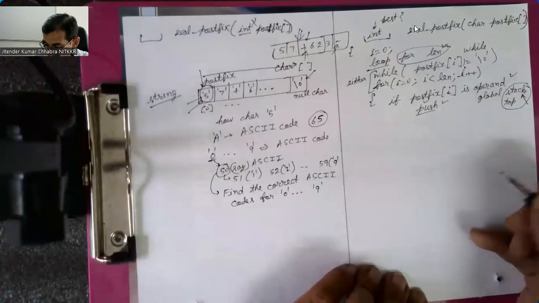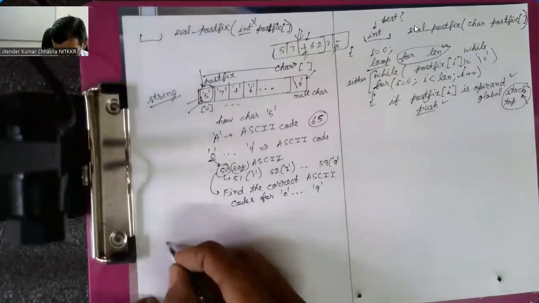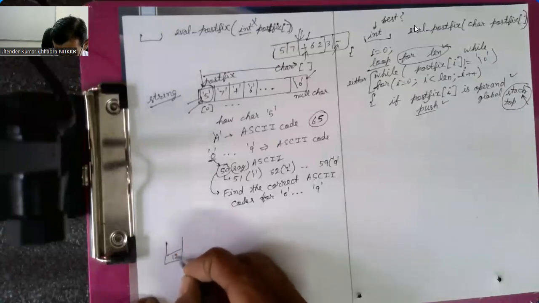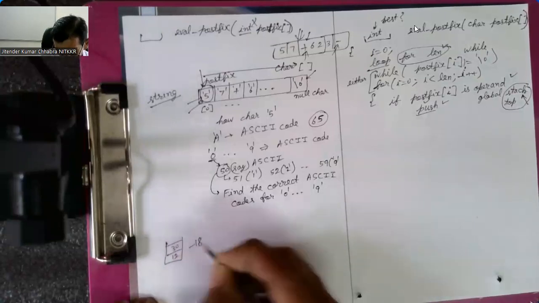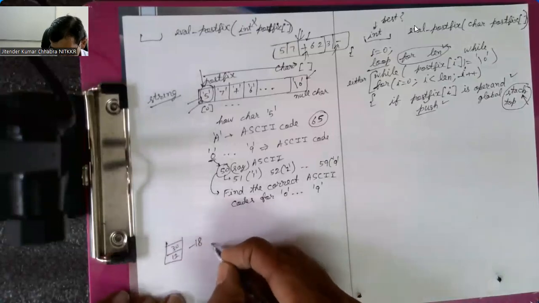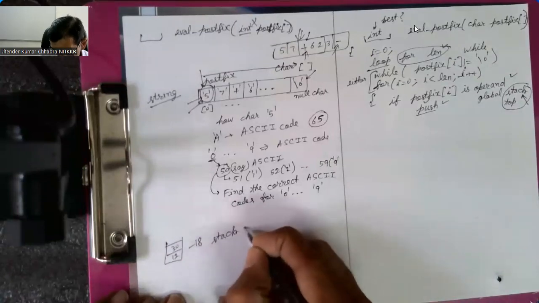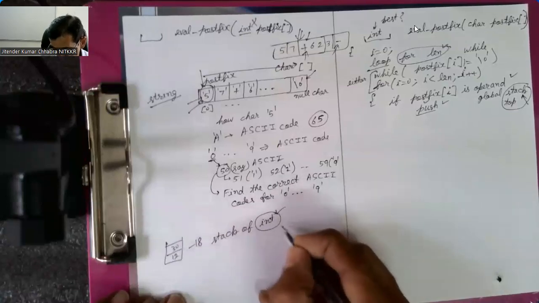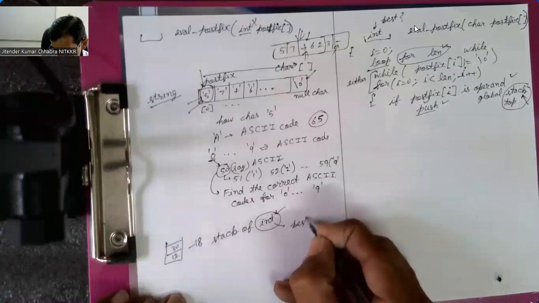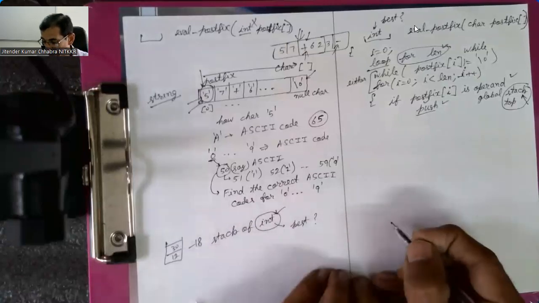I will need to store sometimes 12, sometimes 30, sometimes minus 18, and so on. So I must have a stack of maybe int data type. Is int the best? Again, I leave it to you. But at least I need int.